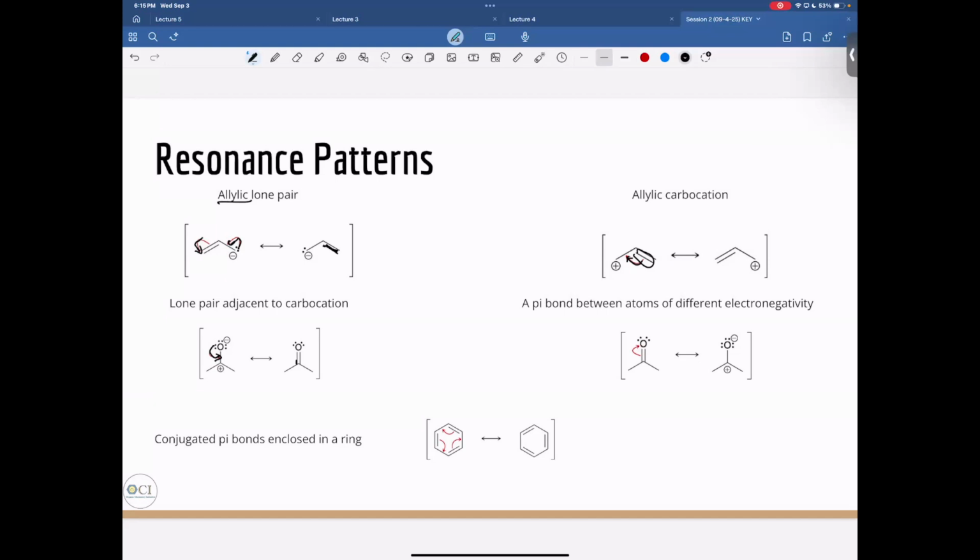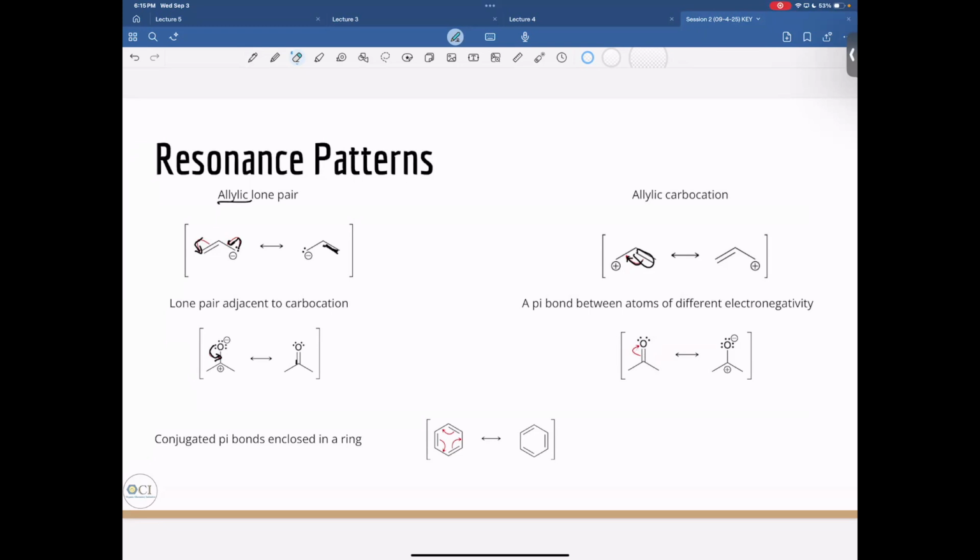Next one, we got a pi bond between atoms of different electronegativity. This one's really easy. Essentially, all you want to do is compare the carbon atom here and the electronegative atom that's bonded to it. So you see how between carbon and oxygen, what's more electronegative, guys? Oxygen, right? Yeah, so since oxygen is more electronegative, it has more of an affinity towards electrons. It wants more electrons.